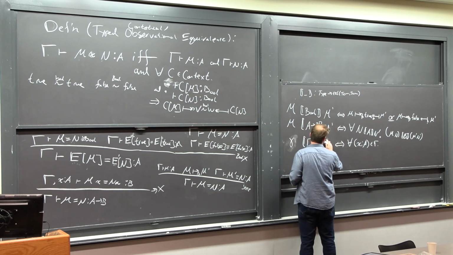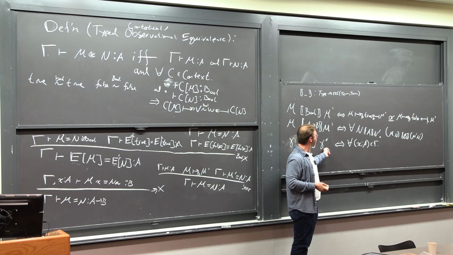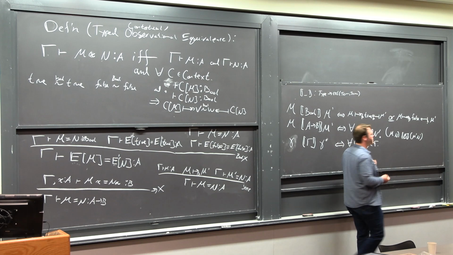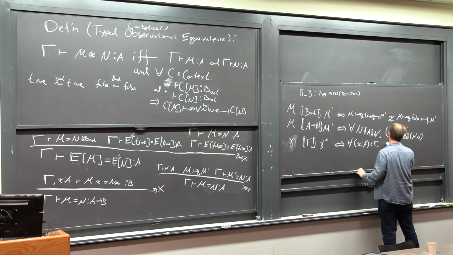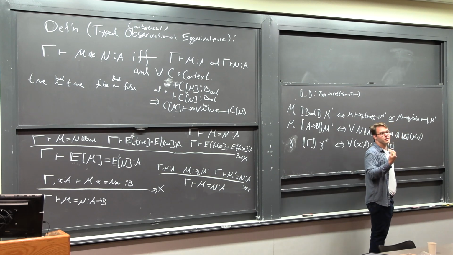Well, the thing I'm plugging in for x on the left should be similar to the thing I'm plugging in for x on the right at type A, because that's the type that I say it is. So I'll write it this way to remind us that it's just the substitution thing. This is a simultaneous substitution. So rather than one term for one variable, it's a bunch of terms being substituted for a bunch of variables.